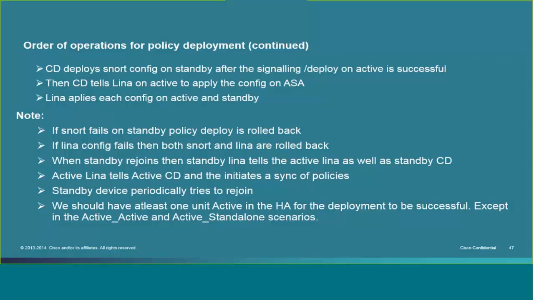So these are a few failure rollback scenarios wherein the policy deploy fails and we completely roll back the configuration. So basically, if there is failure on any part, like application on the Snort on the active, or application of the Snort on the standby, or Lina failures on both, then we will completely roll back the configuration. So that's the key point.